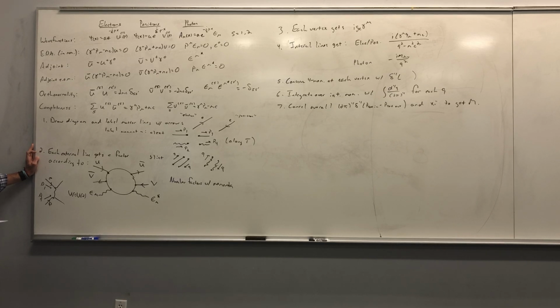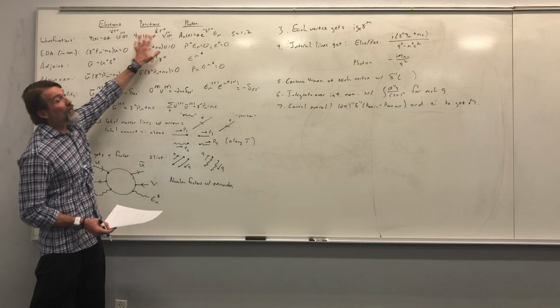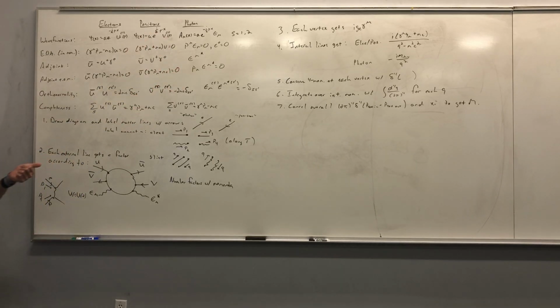The answer is no, because that was a scalar theory. These factors, u, v, and epsilon, are just the polarizations of the spin and the vector angular momenta. So these are not numbers, not scalars. They're transforming quantities. So this is a brand new thing in this story versus the ABC story.